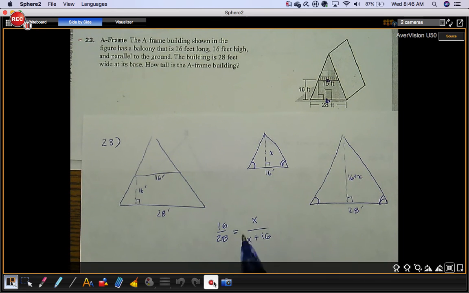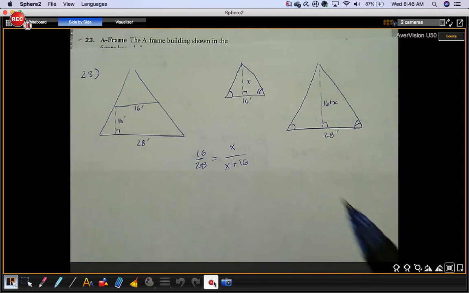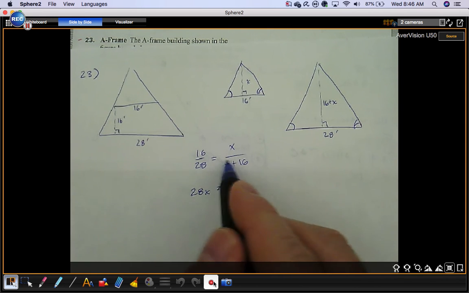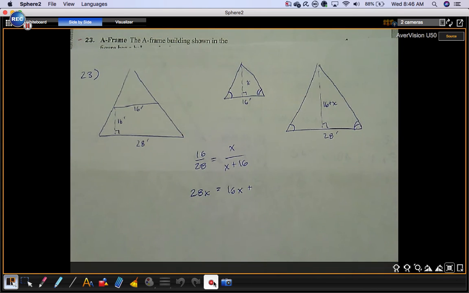And then you cross multiply. We may not have done something like this in the past where you have a variable in both spots. 28 times x is 28x, and over here we get 16x plus whatever 16 squared is. I think it's 256. It is.